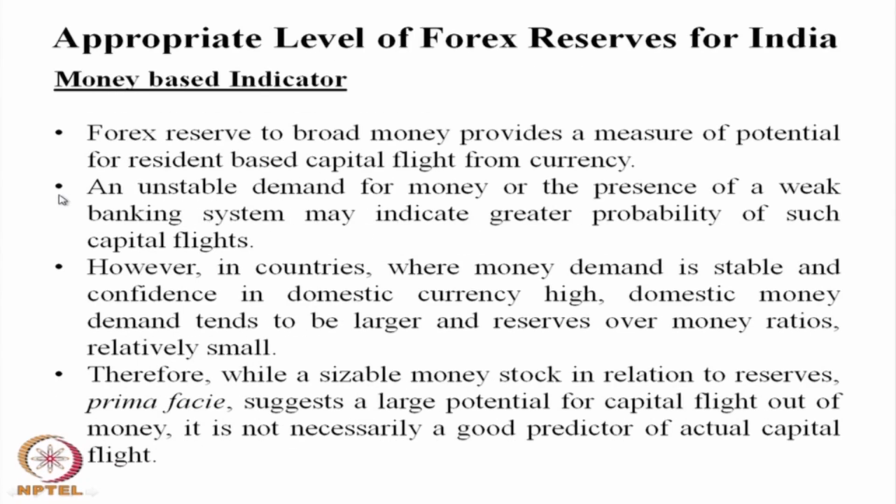A single criterion of import coverage should give way to multiple criteria, with unanticipated changes in foreign exchange reserve factored in while deciding the optimum foreign currency reserve. Then the question is, which are the criteria? We have to develop different criteria. The criteria are money-based indicators. Domestic money supply is also affected by foreign exchange reserve. So, how much domestic money supply should there be?